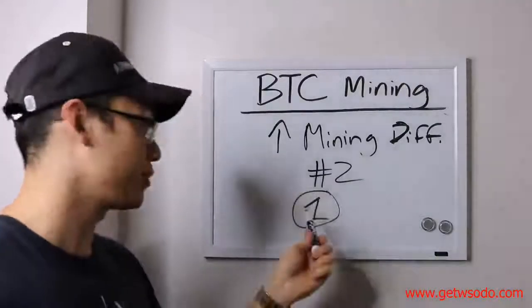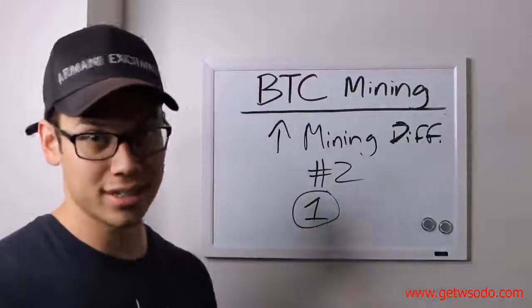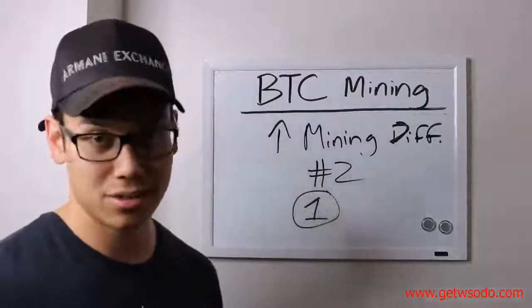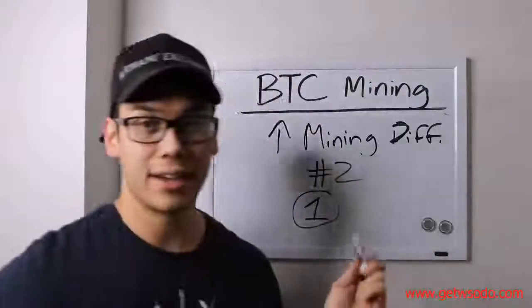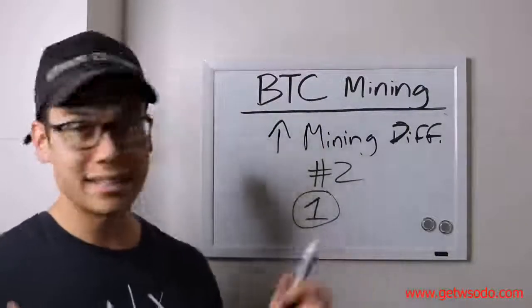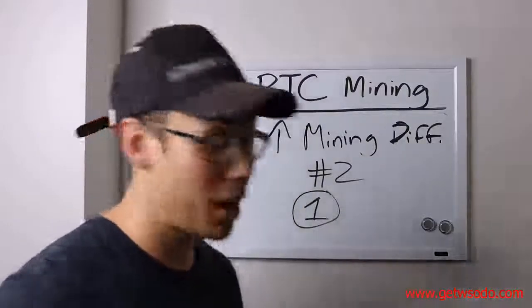What are the chances of rolling a 1 when there's 6 numbers on the dice, right? So that's how they maintain mining difficulty.